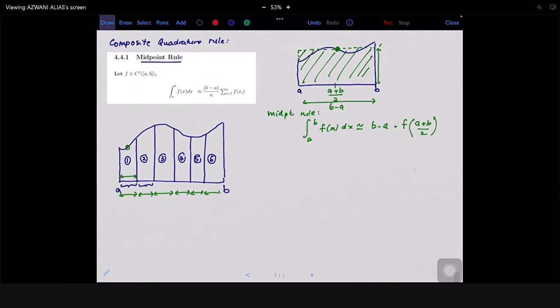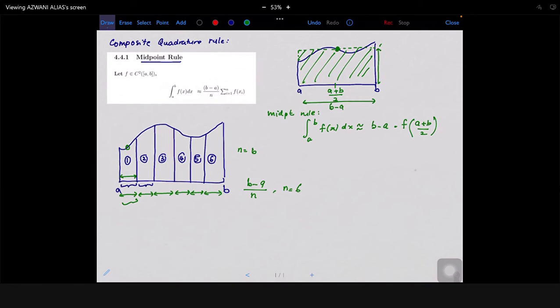Let's say kat sini n kita berapa? N kita ada 6. Macam mana kita nak dapatkan ni? For the whole size adalah B minus A kan? Okay, kalau the basic kat sini. Kalau nak tahu for each sub-interval ni nak bagi berapa? B minus A divide by N. Di mana N kita adalah 6.